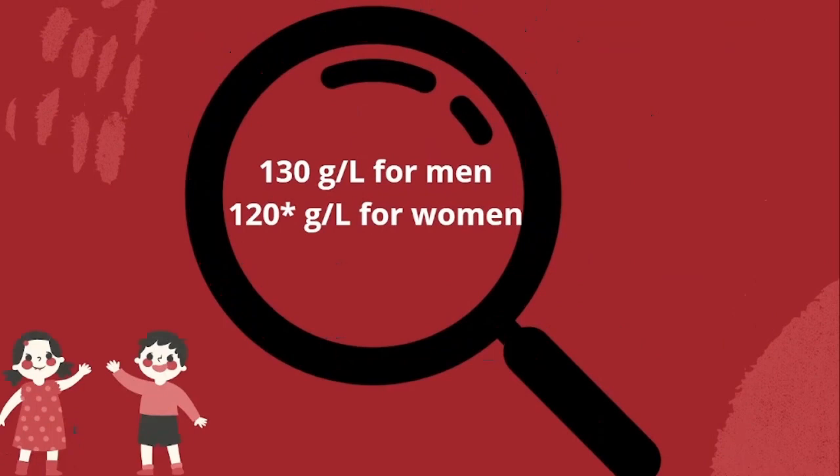130 grams per liter for men and 120 grams per liter for women. So, there's a little observation when we are talking about reference values for women because there are some references that consider an underestimation for women, and values even for women lower than 130 can be considered an anemic or pre-anemic state.